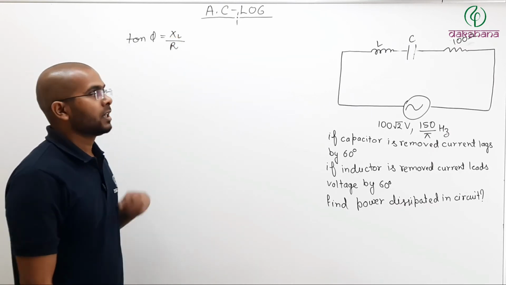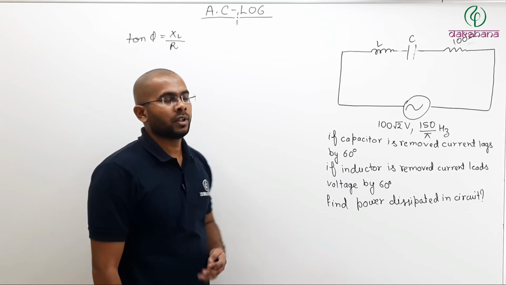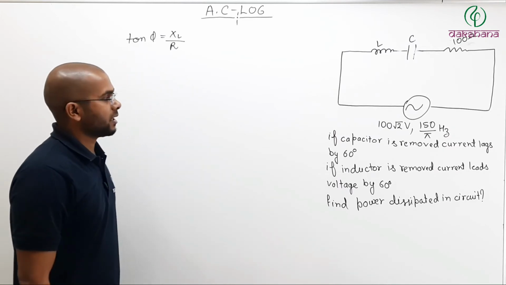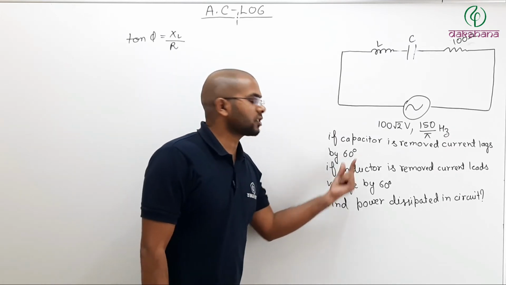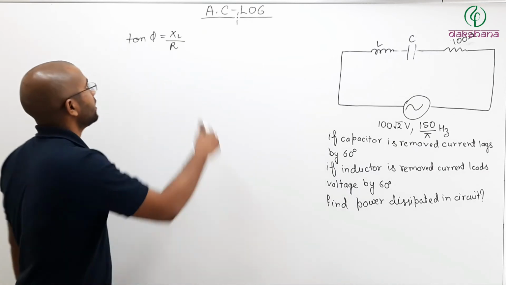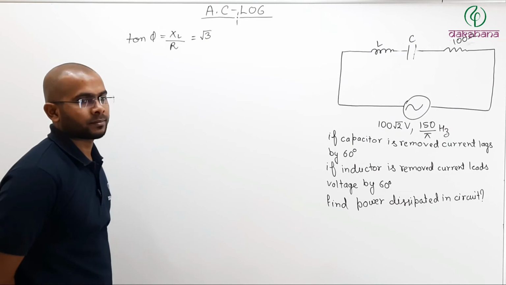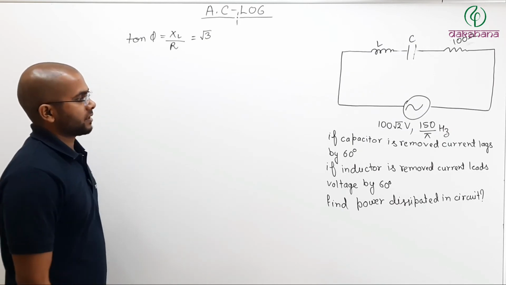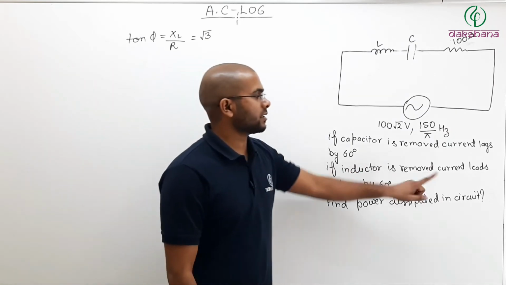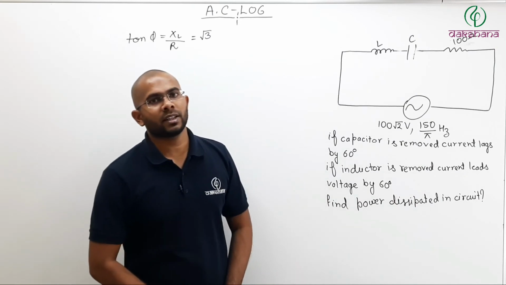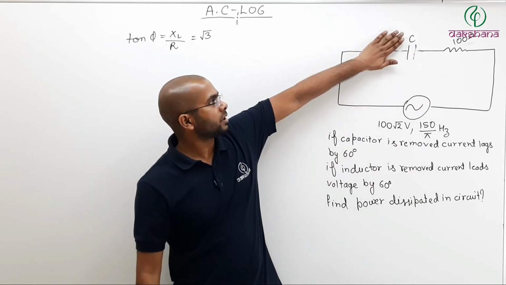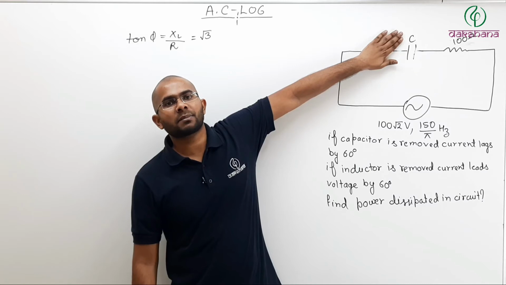First case, when the capacitor is removed: tan phi is XL by R, and that is 60 degrees. And tan 60 degrees is root 3. What about the second case? If the inductor is removed, current leads voltage by 60 degrees. If the inductor is removed, this circuit will behave like a capacitive circuit.